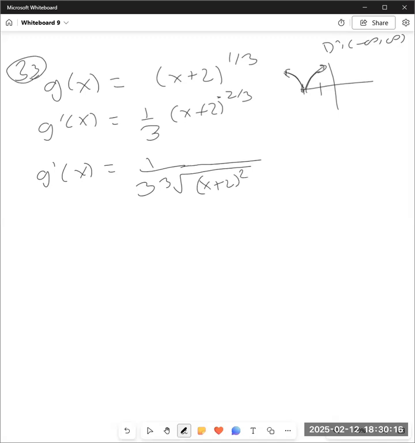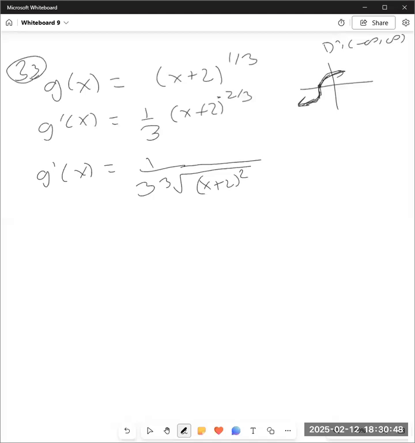Oh, I'm sorry, I drew the wrong thing. This is this shape again. There we go. So we're going to be increasing and then increasing.